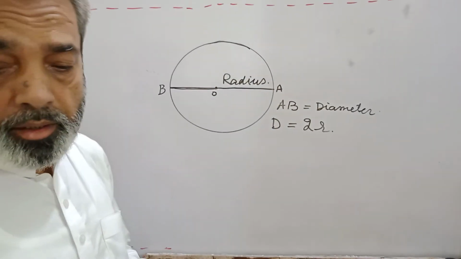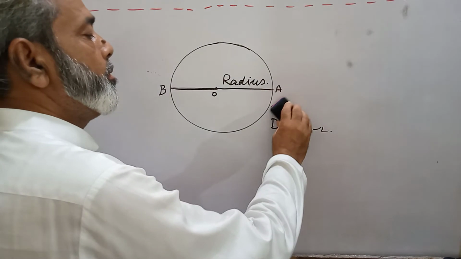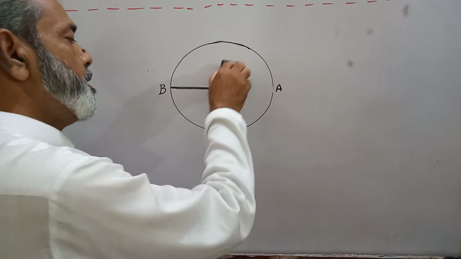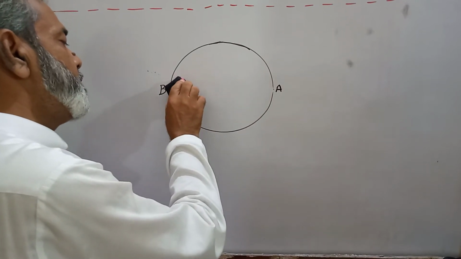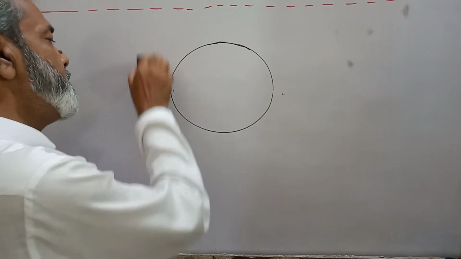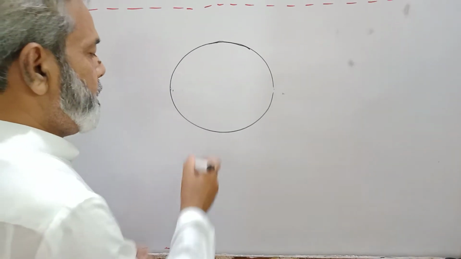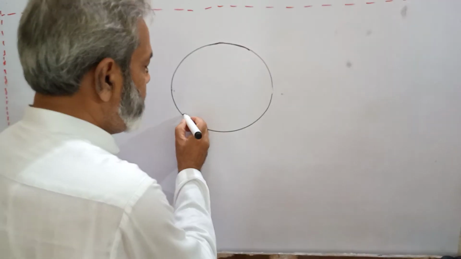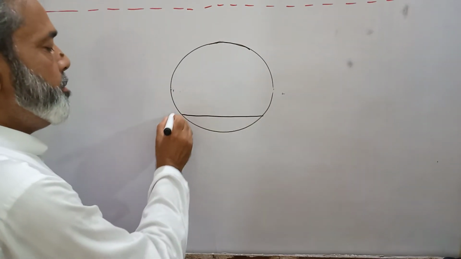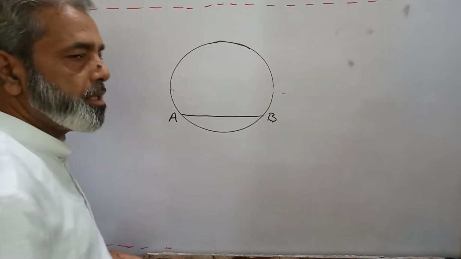Now further, if we draw a line through the circle without passing through the center of the circle, that line is called a chord. I am drawing a line here. This line AB is dividing the circle into two segments.